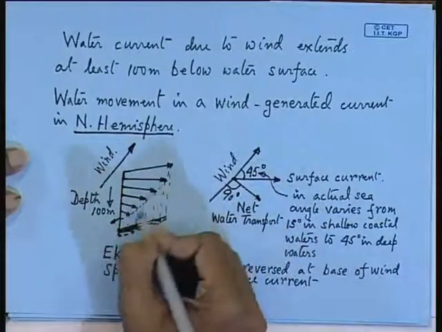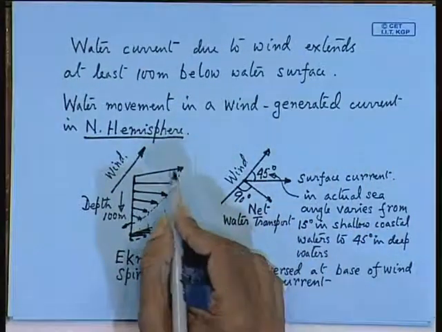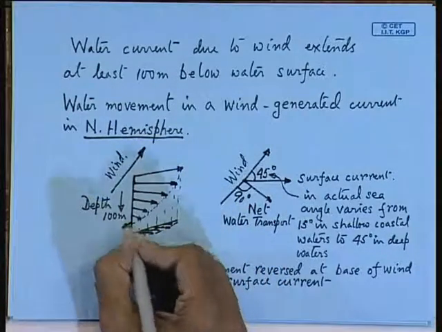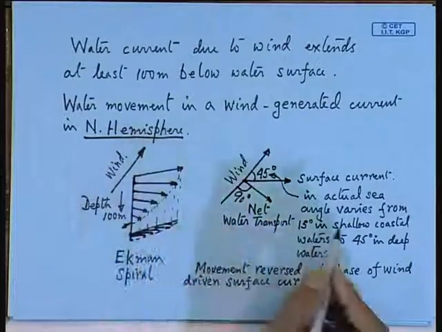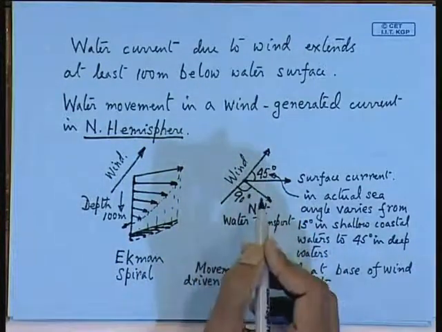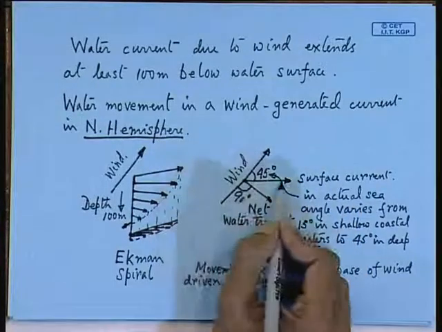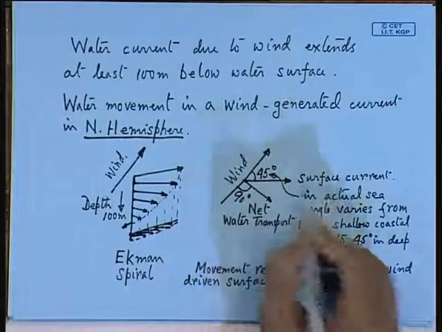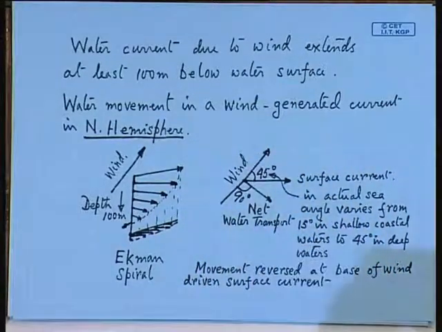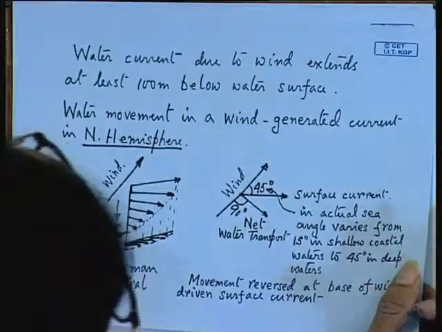That is the resultant of all these vectors in your Ekman spiral. Vectors from the surface to vector that is down below 100 meters. You take the resultant, it will go in this direction, 90 degrees to the direction of the surface wind, right? Whereas your surface current is only 45 degrees to the wind, but this is only in deep waters, and in shallow waters this will be 15 degrees. So, mechanics are somewhat a little bit different.